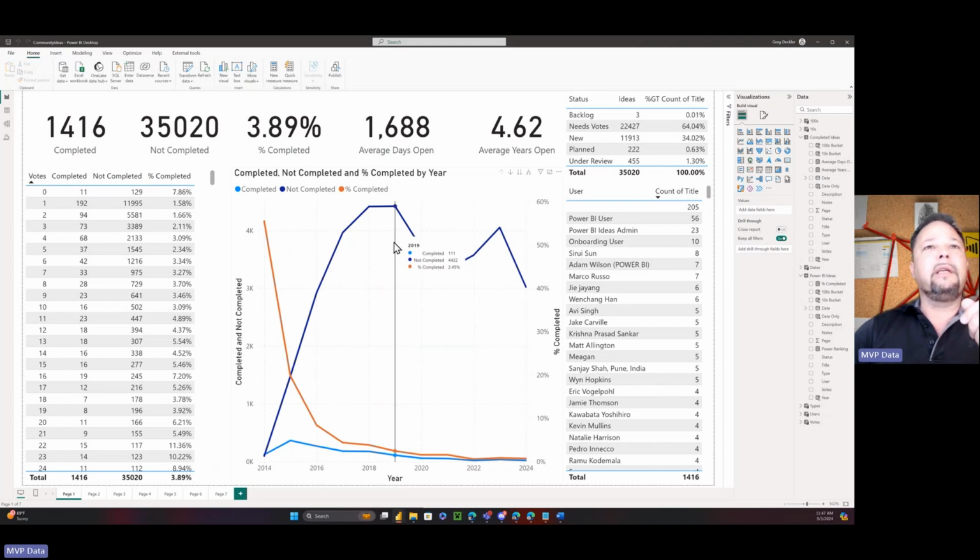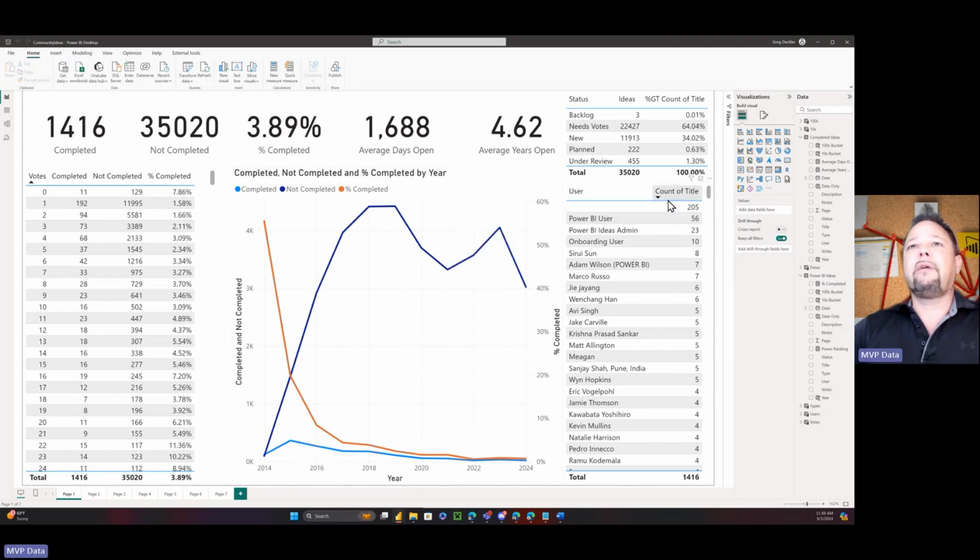The most ideas that were ever submitted was 4,422 in 2019. So there are some interesting bits of information. Idea submission kind of fell off and then picked back up again. It's down in 2024, but we don't have a full year, obviously. I don't know if we're going to get 1,000 ideas submitted in the rest of this year, maybe.